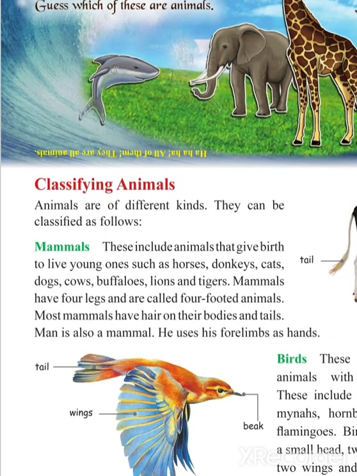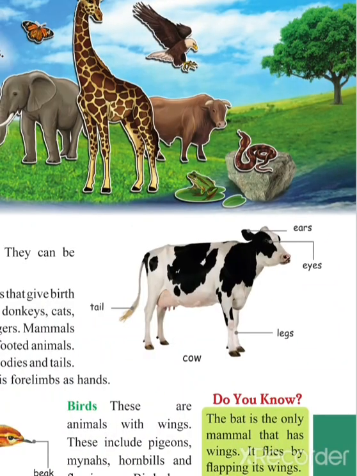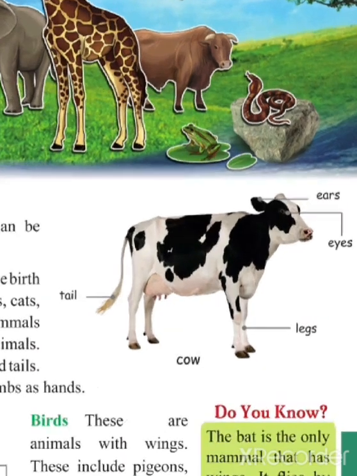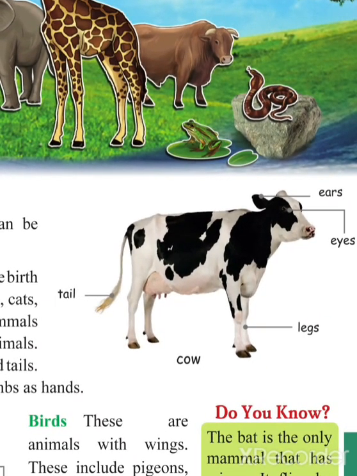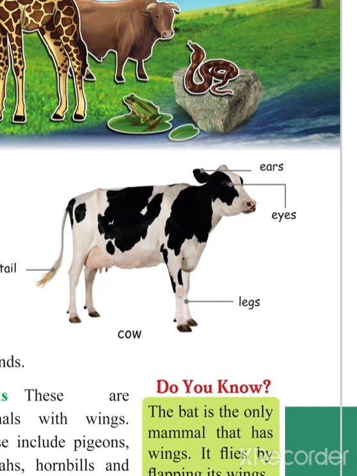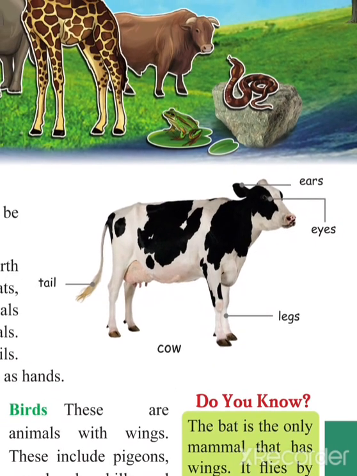Mammals are the animals that give birth to live babies like cats, dogs, cow, horse, lion, tiger, etc. These mammals have four legs and they have hairs on their body. Only the bat is the mammal that has wings.